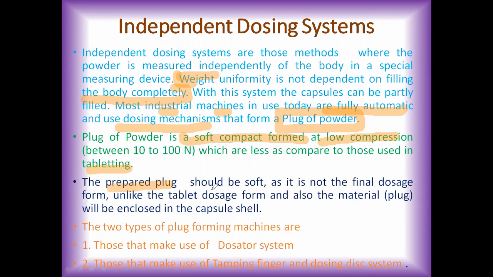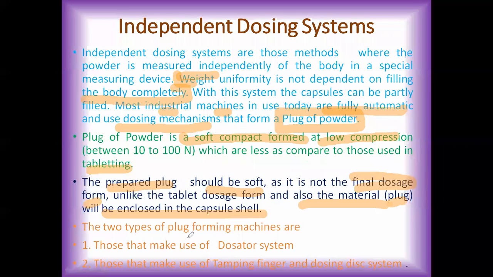This prepared plug should be soft and it is not the final dosage form, unlike the tablet dosage form, and also the material, that is the plug, will be enclosed into the capsule shell.